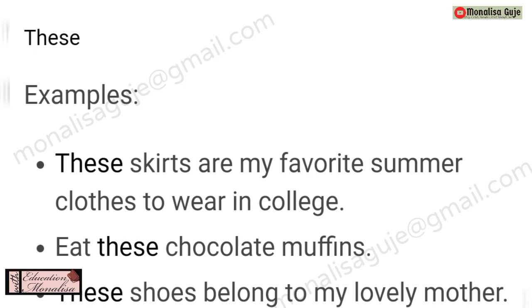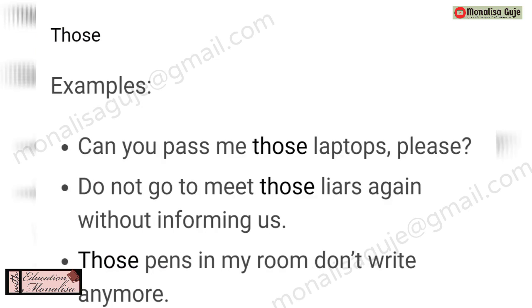These shoes belong to my lovely mother. So this is an example of these, and those. Can you pass me those laptops, please? Don't you go to meet those liars again without informing us. Those pens in my room don't write anymore. So these are the two kinds we have seen.